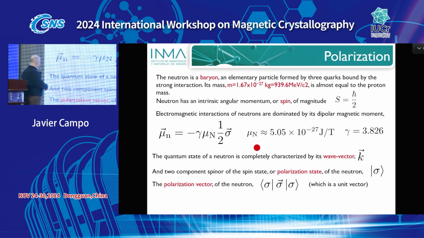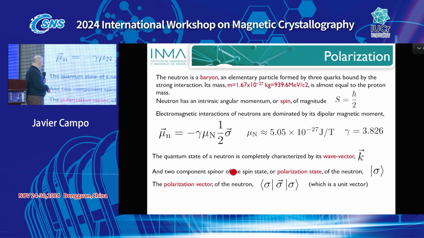Then the quantum state of the neutron is characterized by its wave vector. We saw yesterday that the incoming neutron was characterized by a plane wave with a k vector, with a momentum.